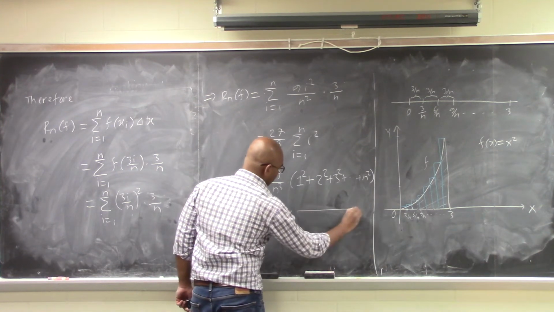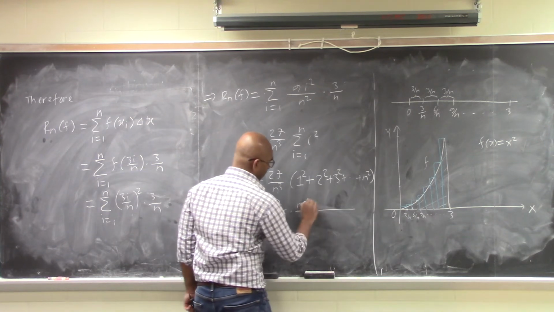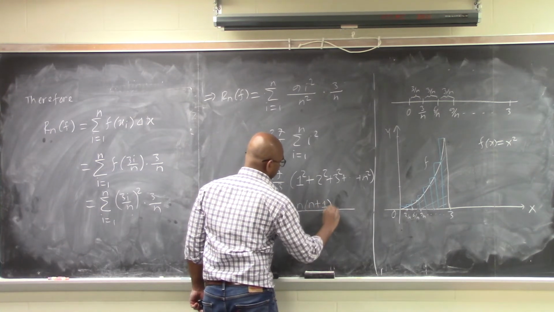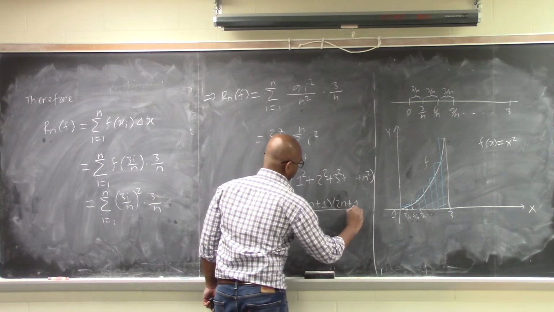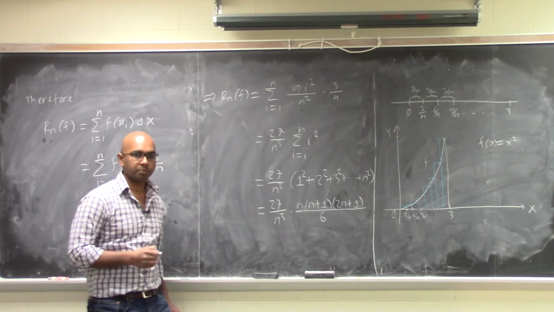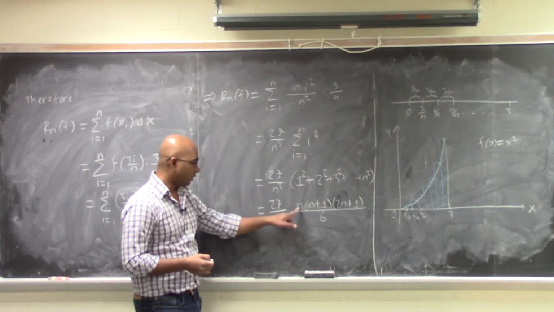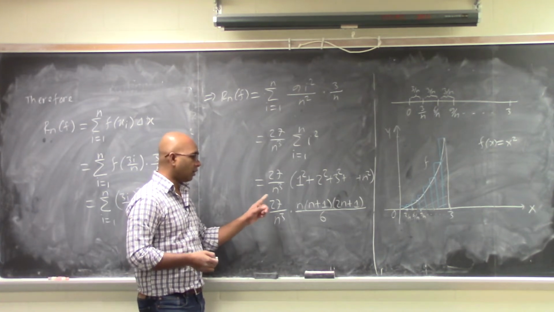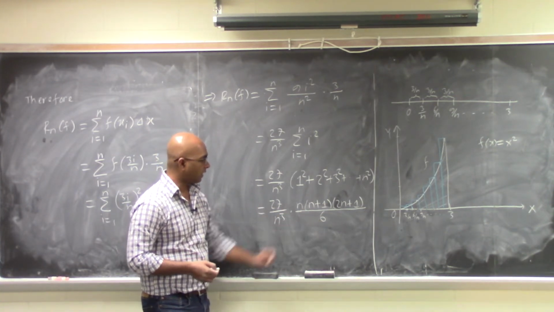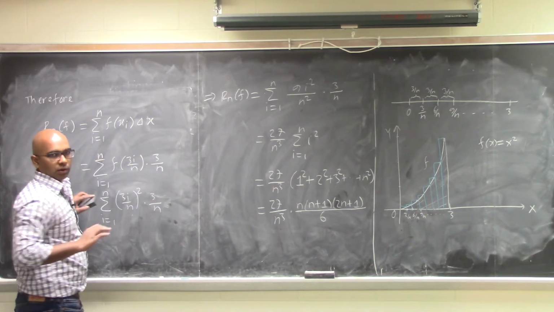This is n times n plus 1 times 2n plus 1 over 6. Immediately you can cancel out one n from top and bottom. You can cancel out one factor of 3 from top and bottom, right? And then what do you have? I'm going to keep that picture for a while.